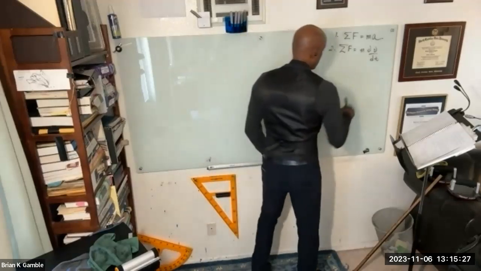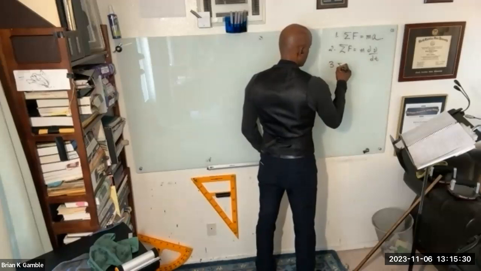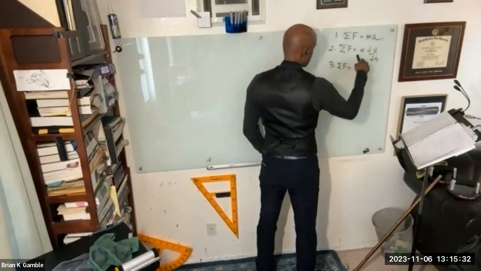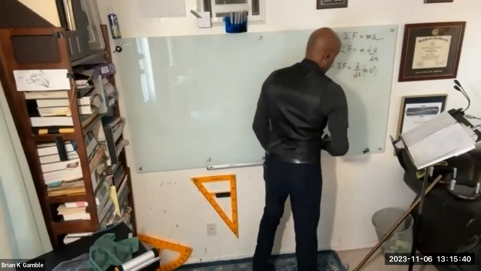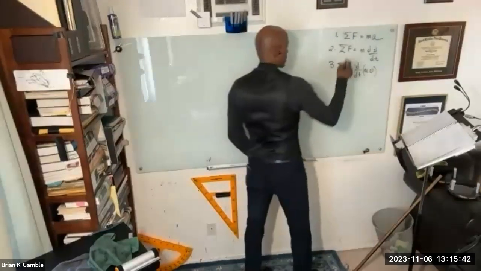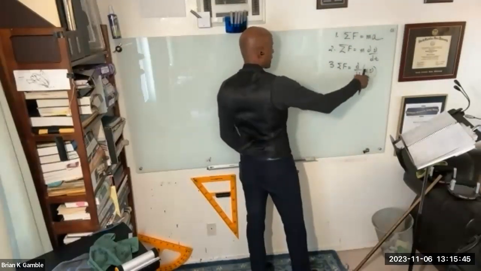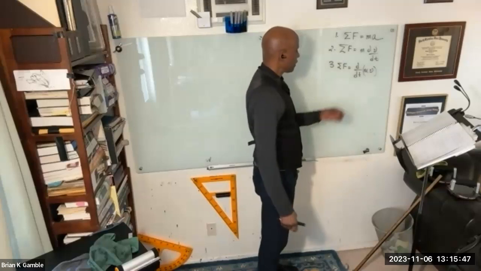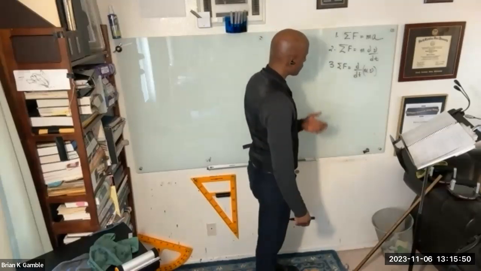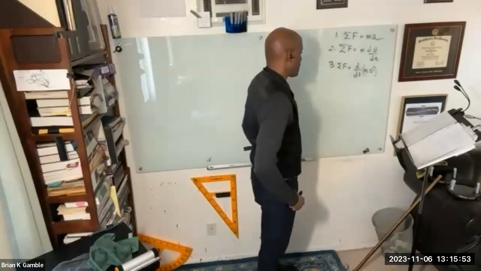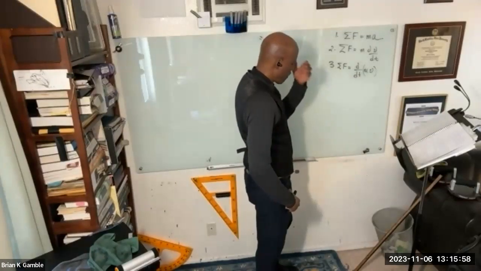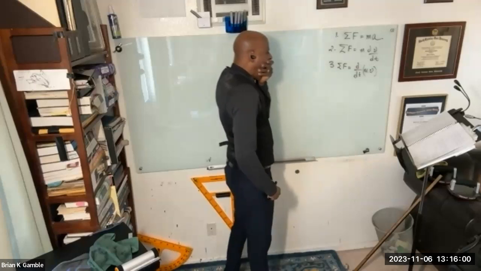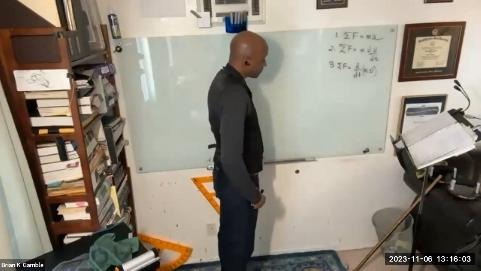Mass doesn't have to change, but if it does change, it goes inside the integral. So we have the time rate of change of mass times velocity. I derived that and showed you that you get two terms. One of them is thrust, one of them is just m times a. If the mass is constant, the thrust term is zero.